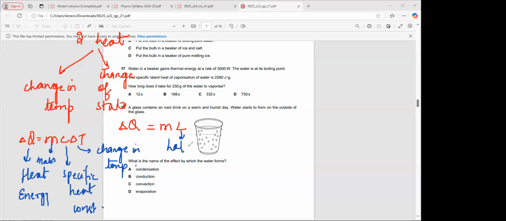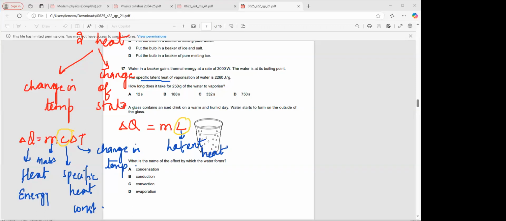L is the specific latent heat, which is given to you in the question. And for different processes, we have different types of specific heat capacity also. Like if there is a change in temperature, you have a molar specific heat for 1 mole, water specific heat just for water, like this.